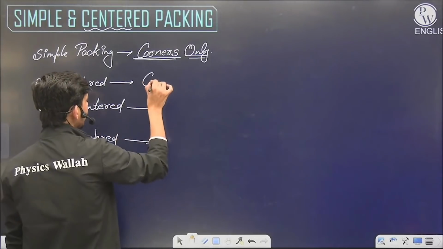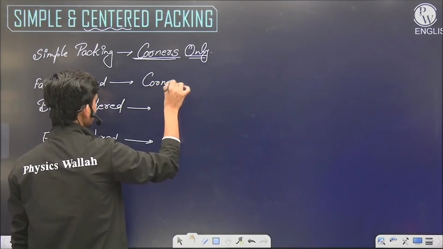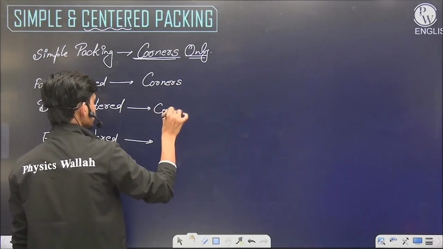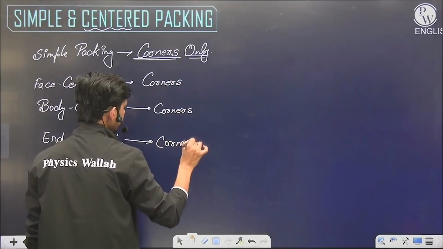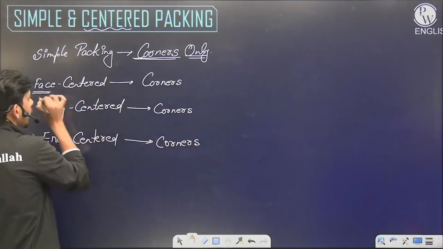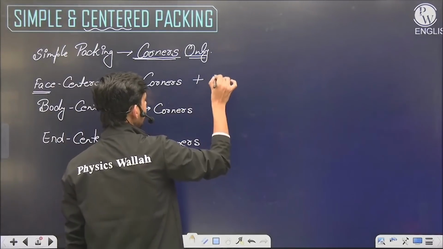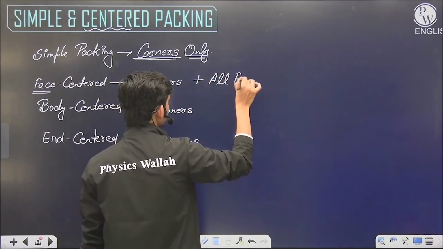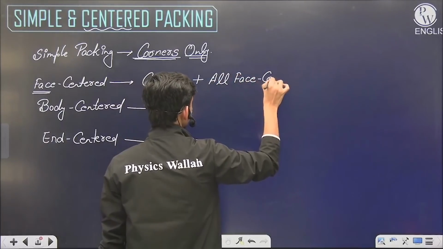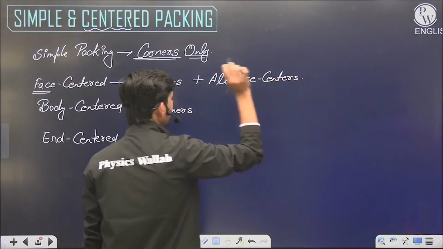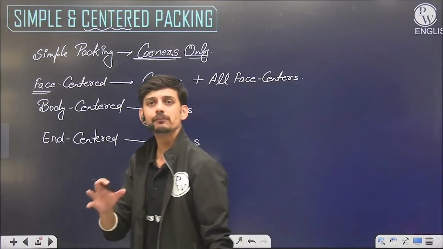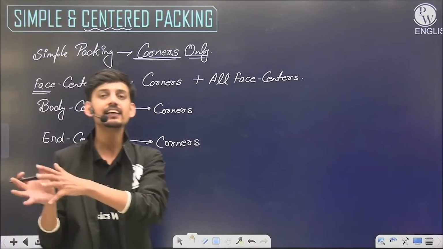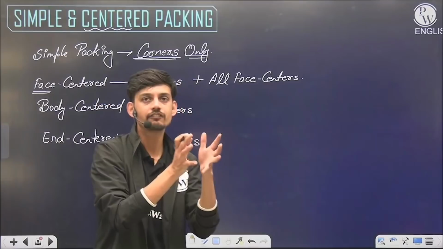So in all these packings, atoms will be present at corners, and in addition to corners, for face centered, the atoms will also be at the centers of all faces. That's why these are called centered packings: atoms are at corners and, in addition to corners, at some centers like the face center.